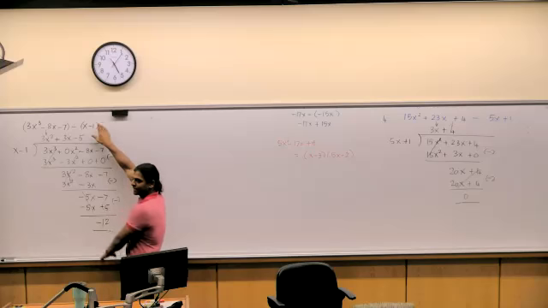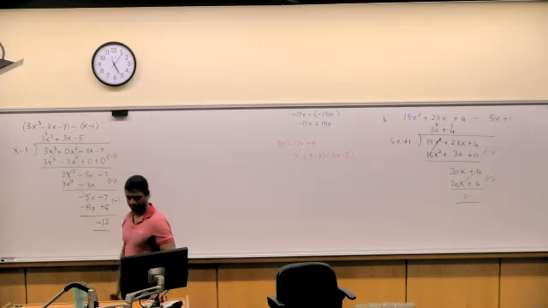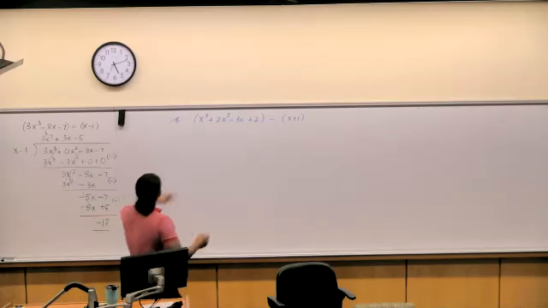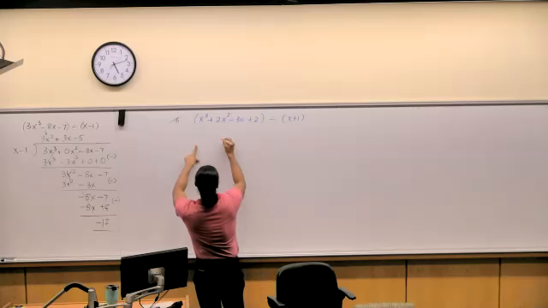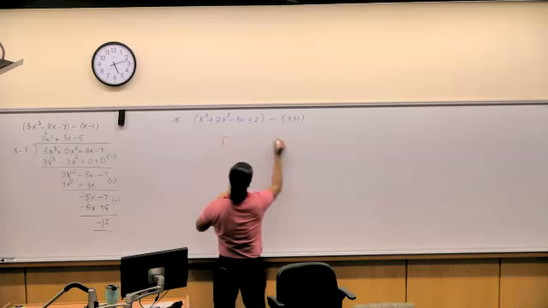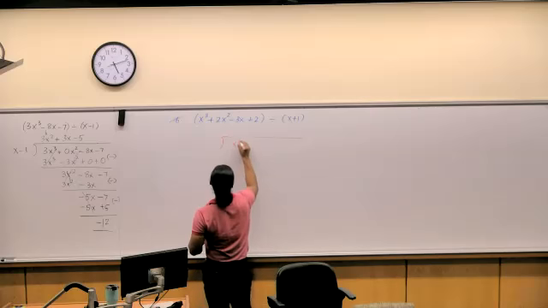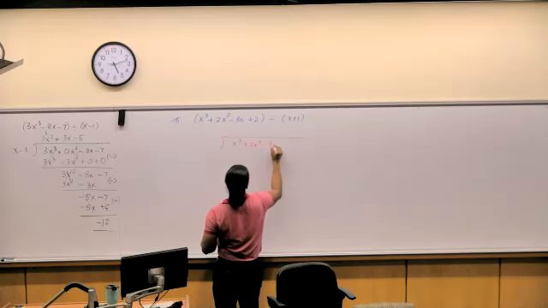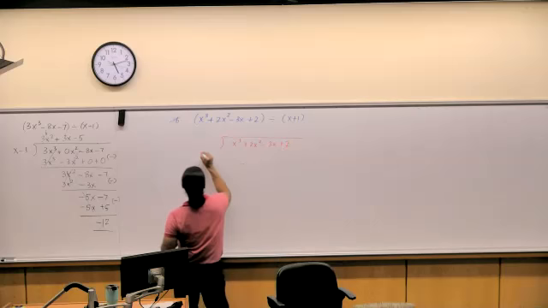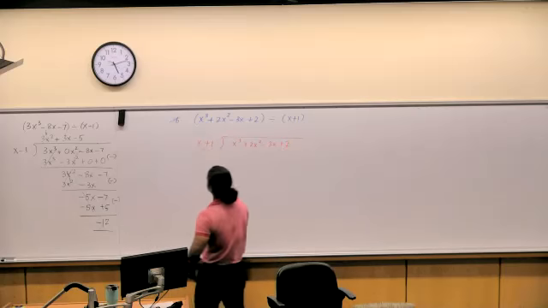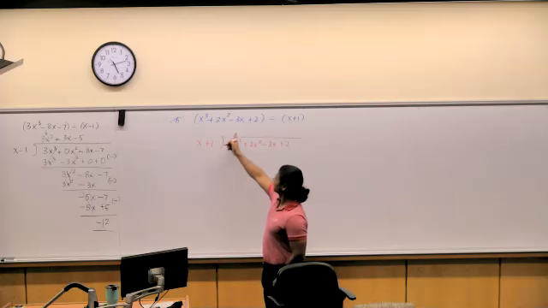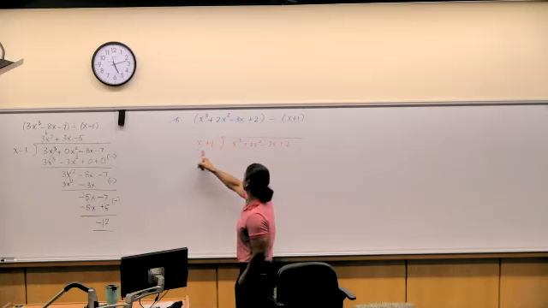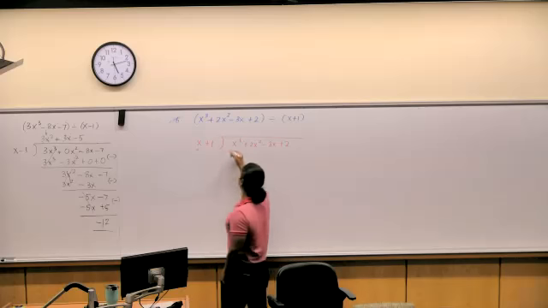Good. Okay, so nothing is missing here. x cubed plus 2x squared minus 3x plus 2. We divide by x plus 1. I've got to put something here so that when I multiply it with x, I get x cubed.